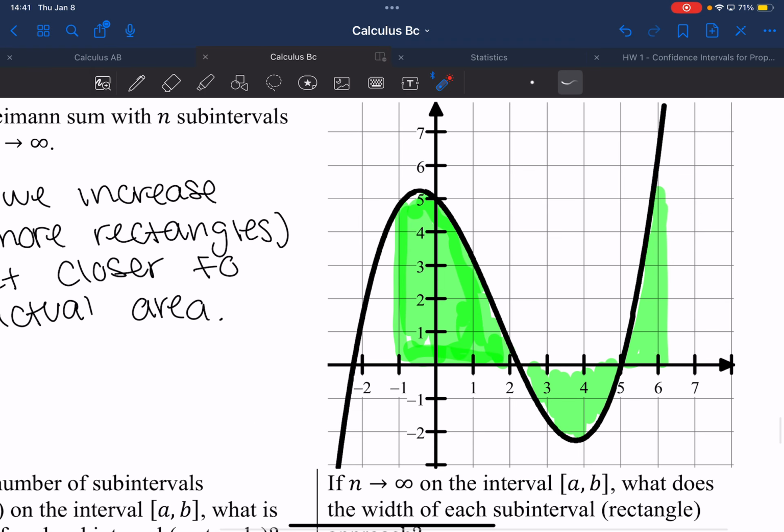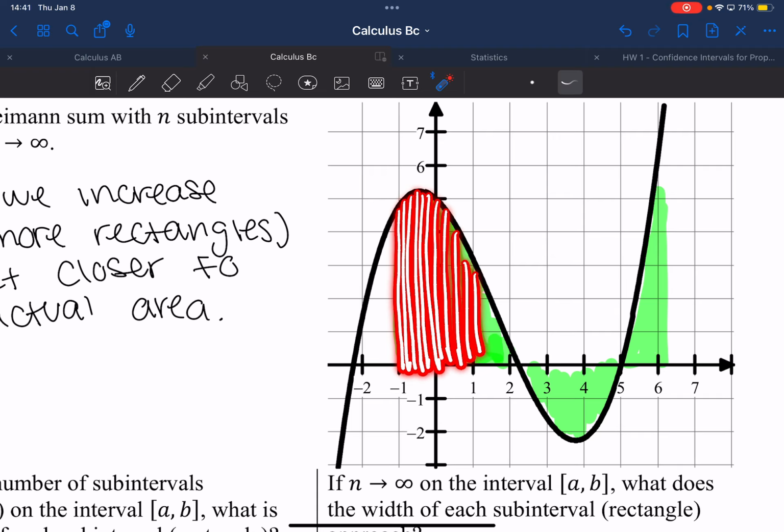And what that would look like is me drawing all of these rectangles to follow the area under the curve and above the curve here. So imagine all those lines are hundreds and thousands of rectangles.